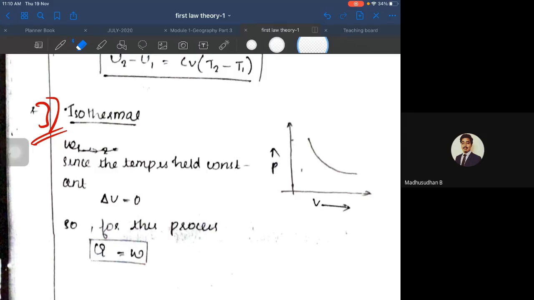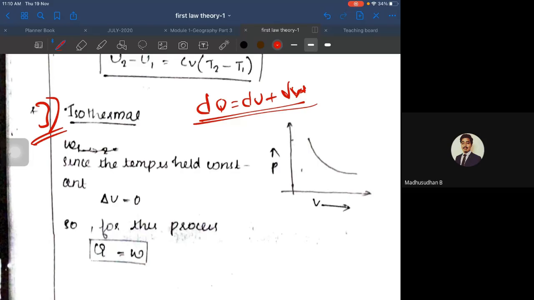For an isothermal process, if I apply dQ is equal to dU plus dW. Previously, I explained the relation between the internal energy and the value of temperature. What was that relation?